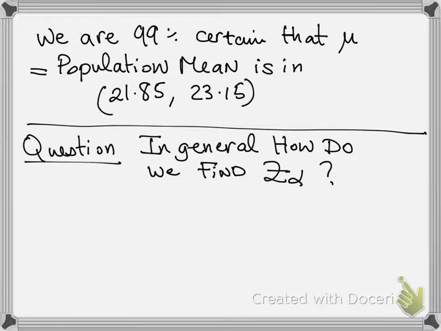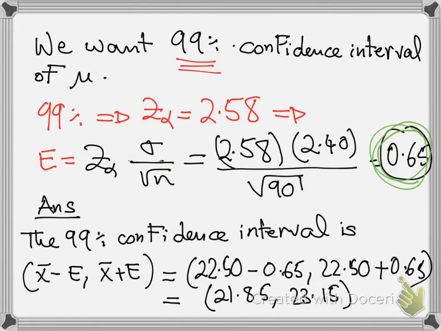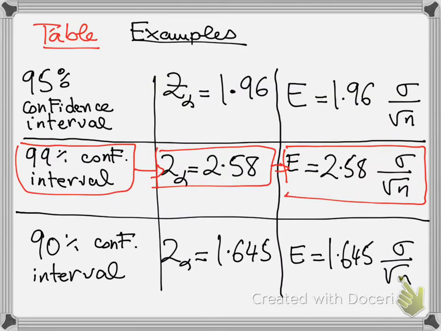In practice, if you have a problem and you want to find the confidence interval of the population mean, and it's 95%, you don't have to do anything. You can just use these values. If 95%, Z alpha is 1.96. If 99%, Z alpha is 2.58. If 90%, Z alpha is 1.645.